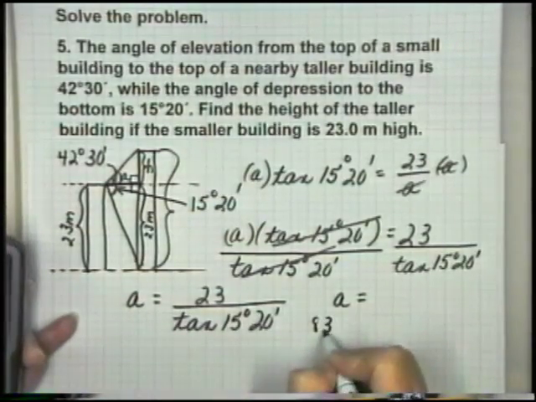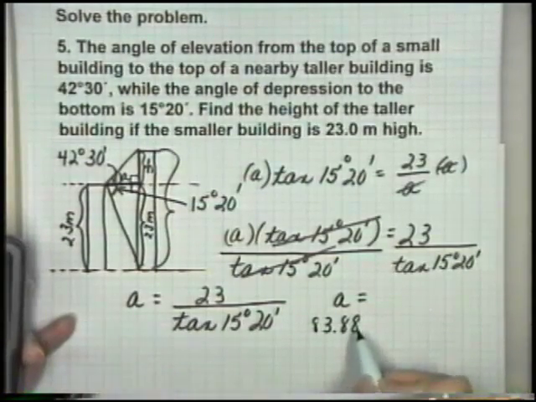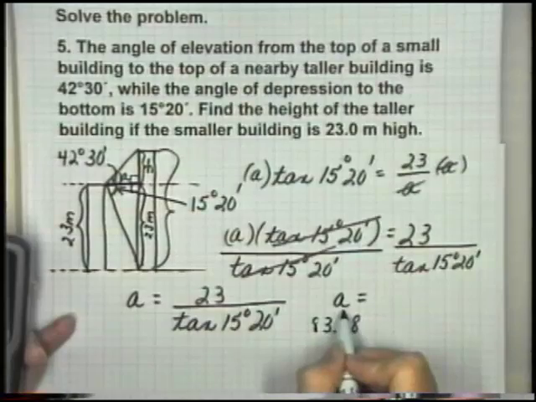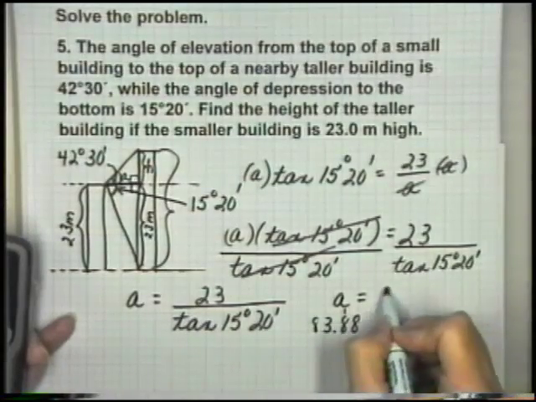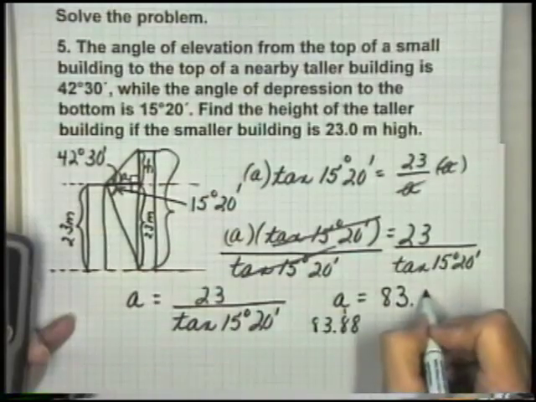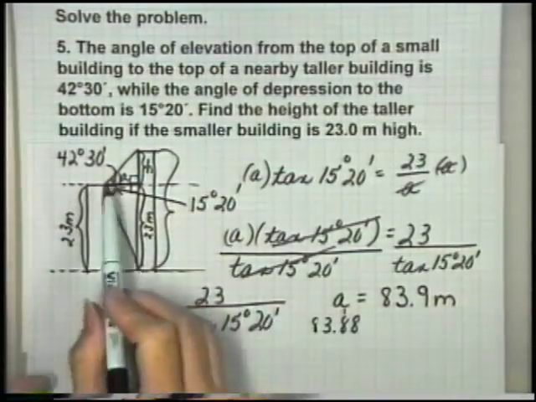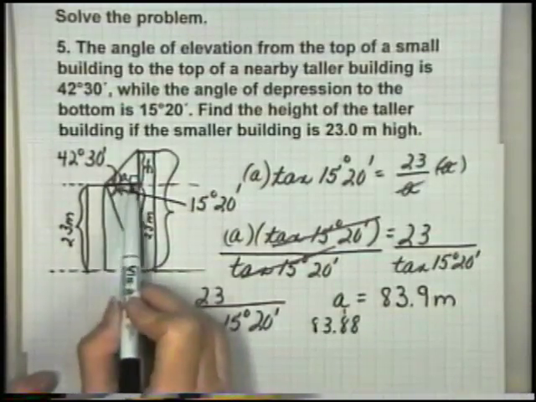So to 3 significant digits, I've got 83.88. I'm only concerned with this 8. Since it is an 8, that tells me to add 1. So my approximation for A would be 83.9, and those would be meters.